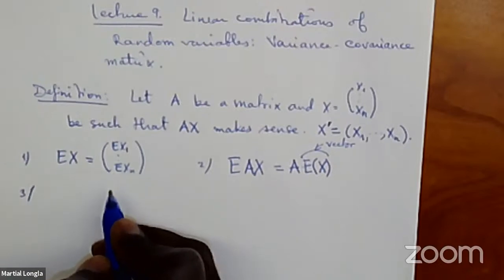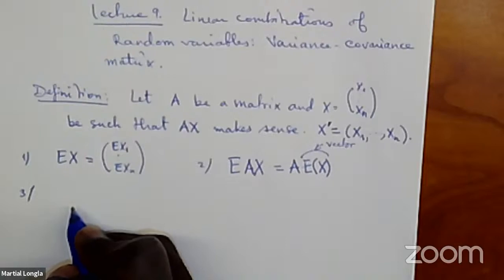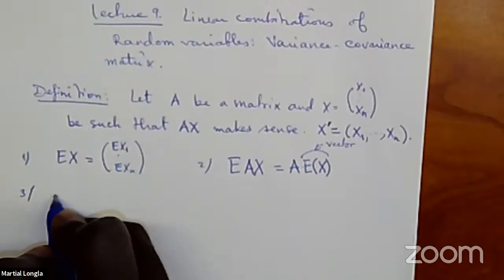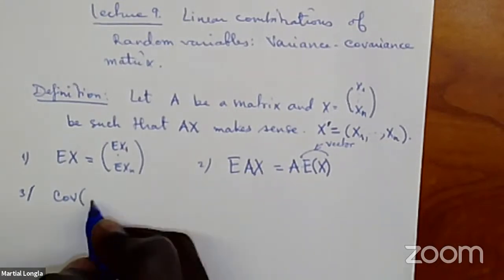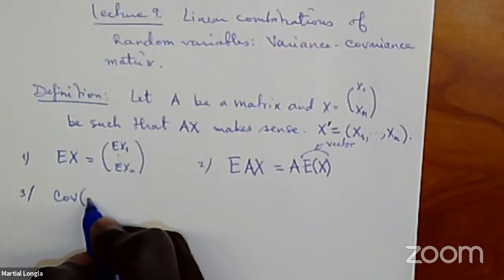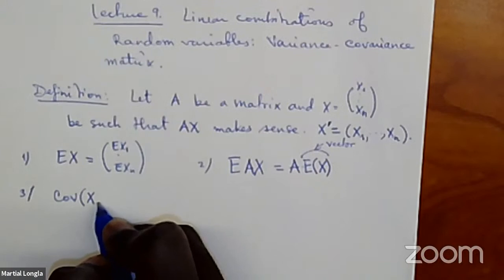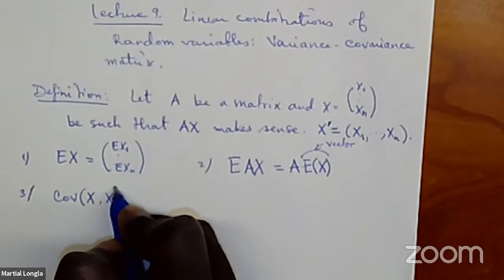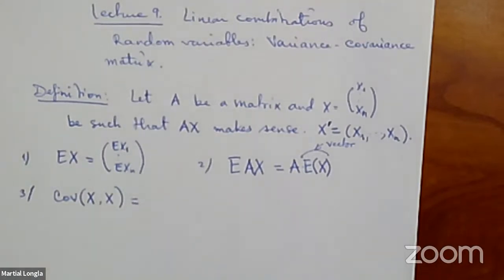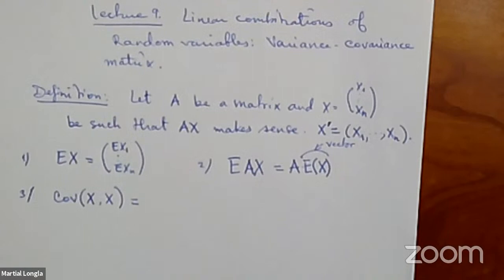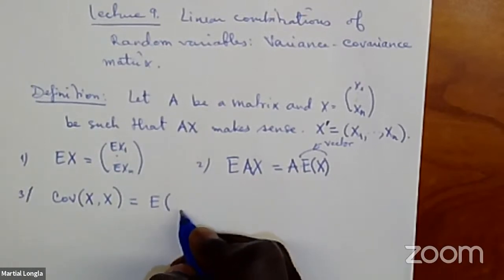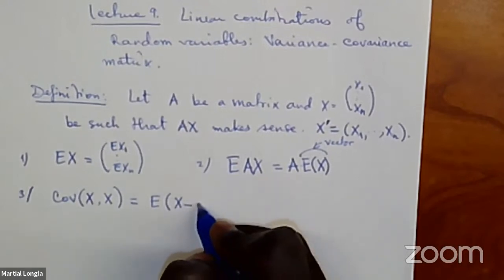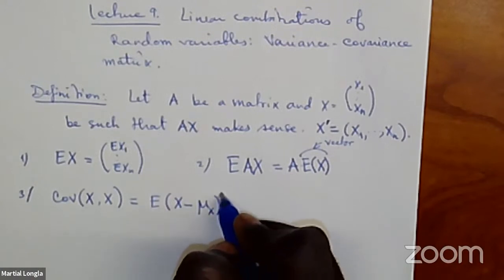So the covariance matrix of X is the expected value of X minus the mean of X, transpose.